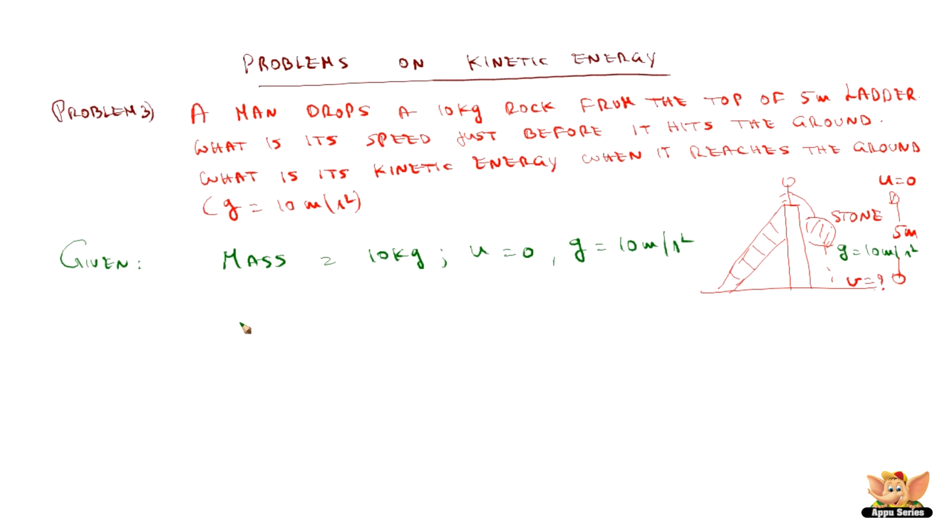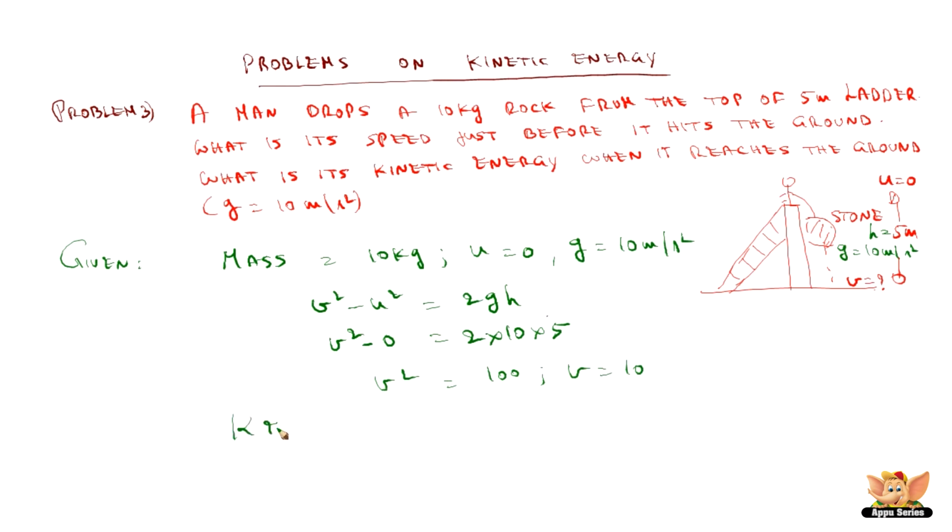From this we can find v, the final velocity. From the equation of motion, v square minus u square is 2gh, and here u is 0, g is 10, and h is 5 meters. So v square is equal to 100, v is 10.